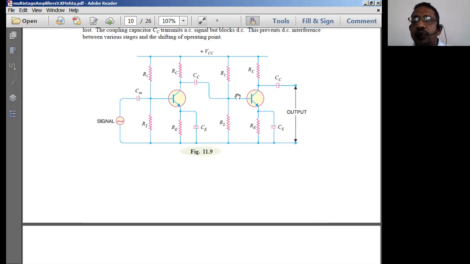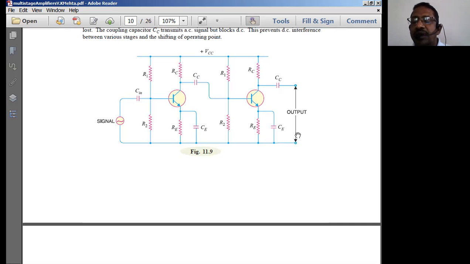Now there is going to be a huge mismatch between the output resistance of the amplifier circuit and the input resistance of the speaker. Here also maximum power transfer could not take place. Due to the impedance mismatch, maximum power transfer could not be done in the case of the RC coupled amplifier, which is the highest major problem in this.